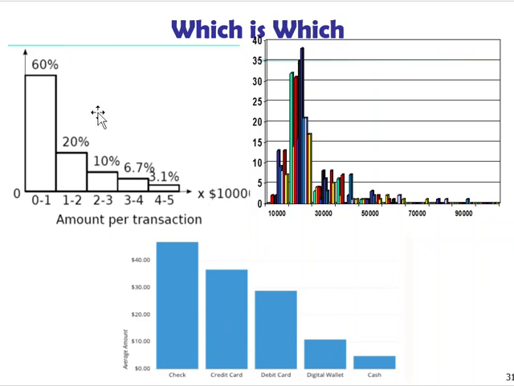So this histogram depicts the dollar amount per transaction in a business.